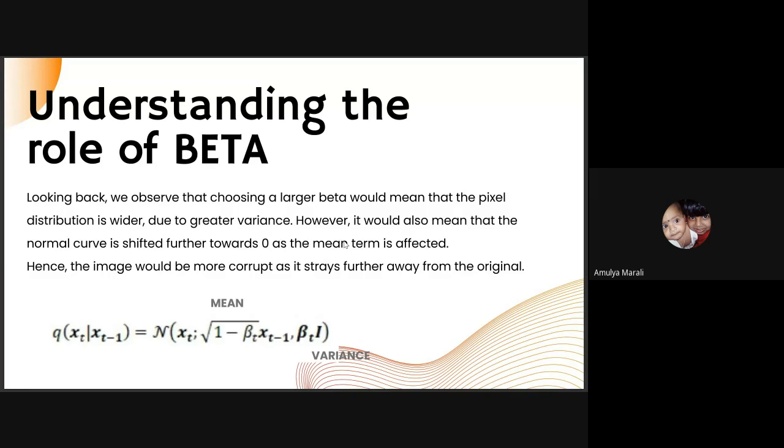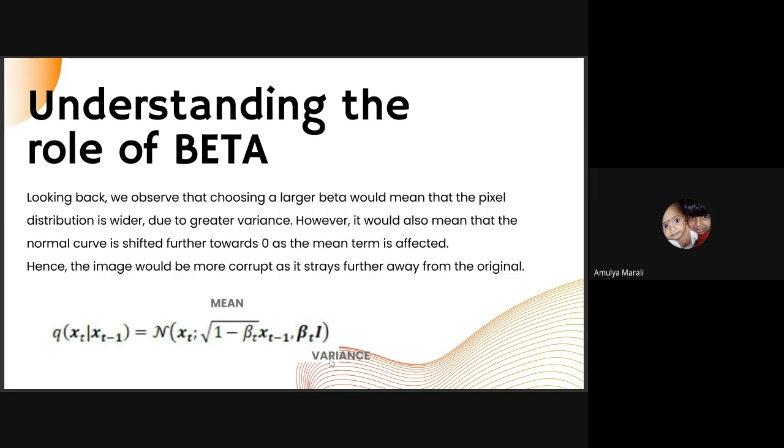Now, what will happen if beta is extremely high or extremely low, and what is the exact value of beta that has to be taken into consideration in order to add an optimum amount of noise? Let's consider that beta is extremely high. The variance will be at its max.